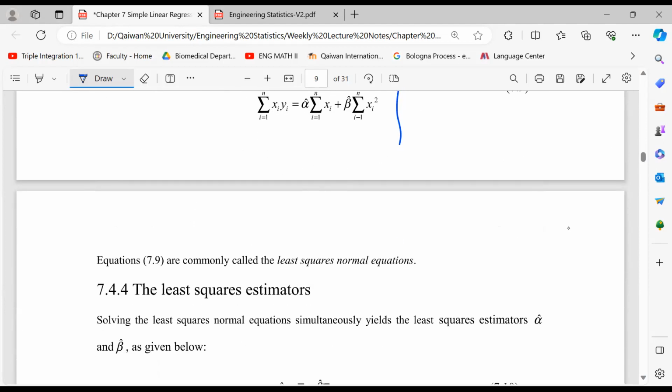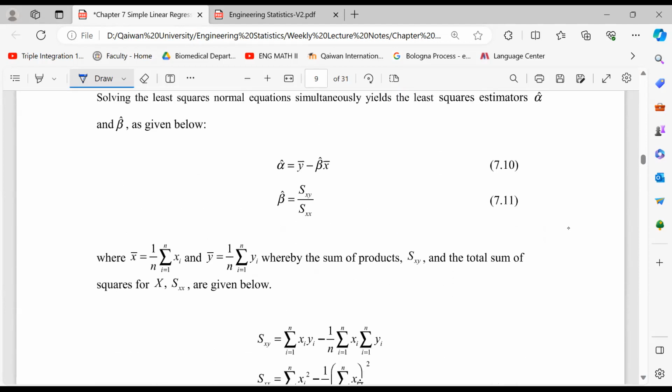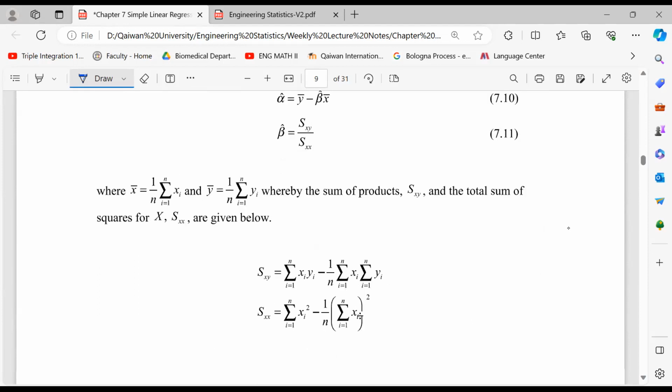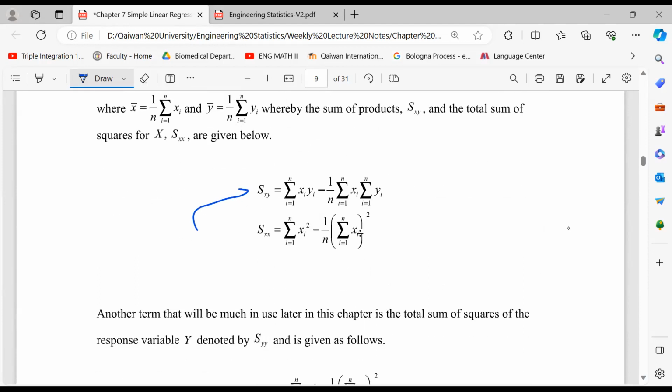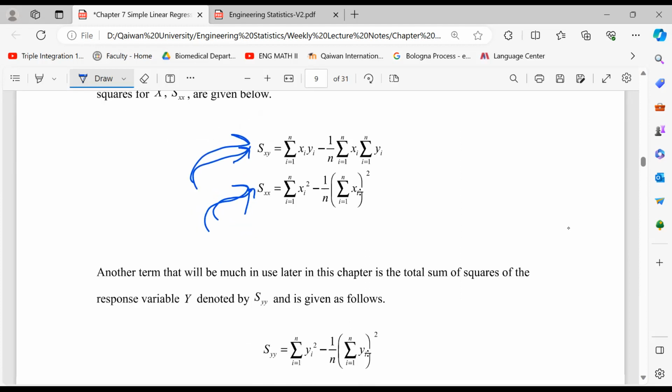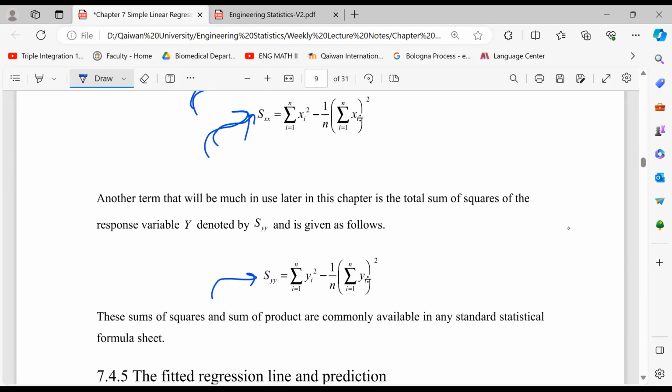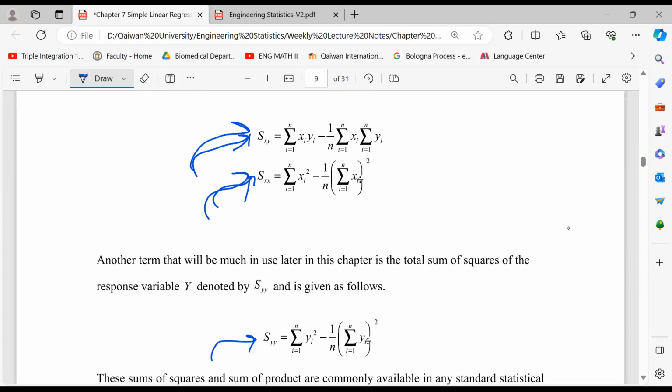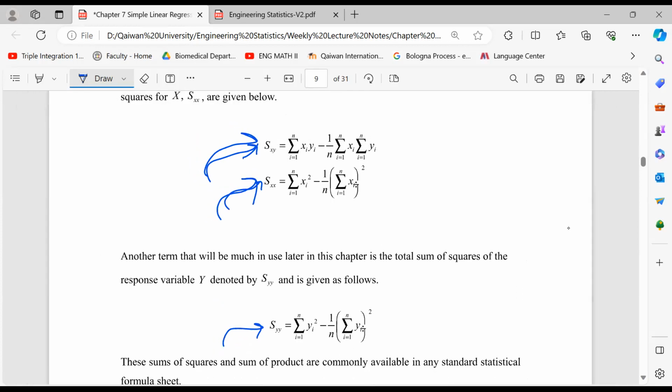You just need to know these three things: S sub xy, S sub xx, and also S sub yy. You need to know these three formulas.